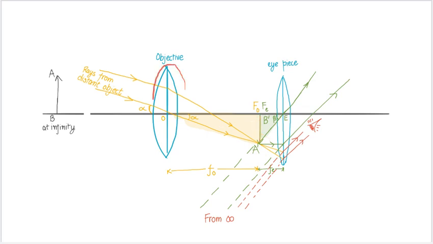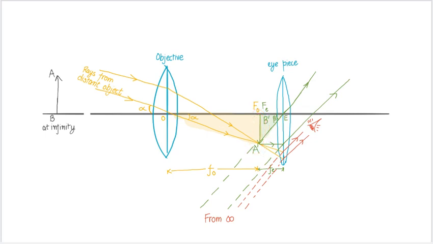So your objective forms the image A'B' of the object AB. This image is real, inverted, and diminished.